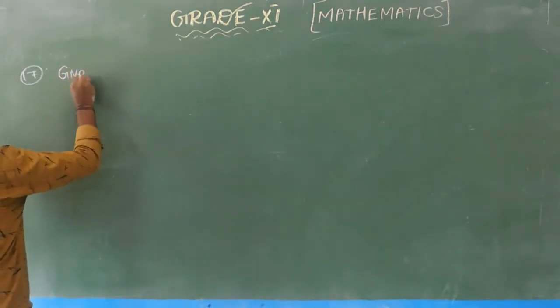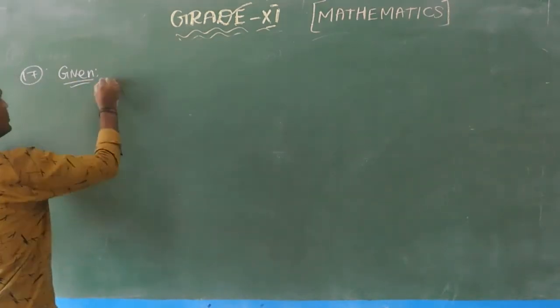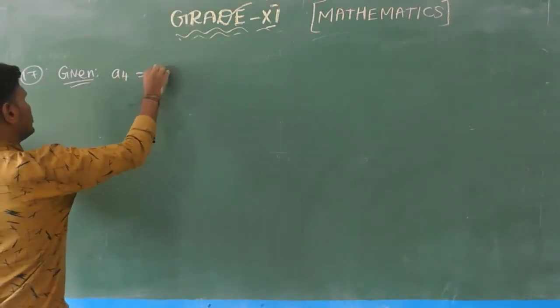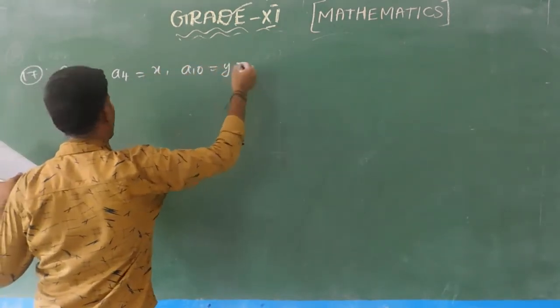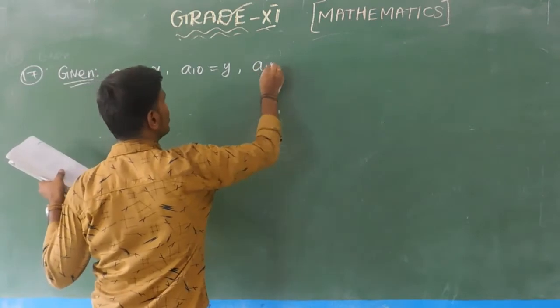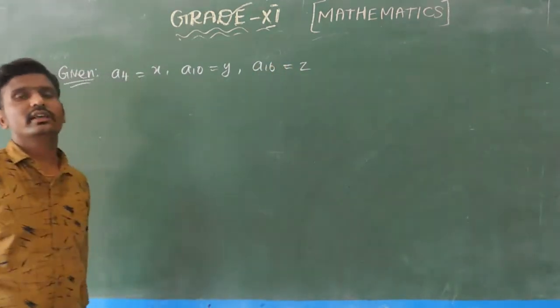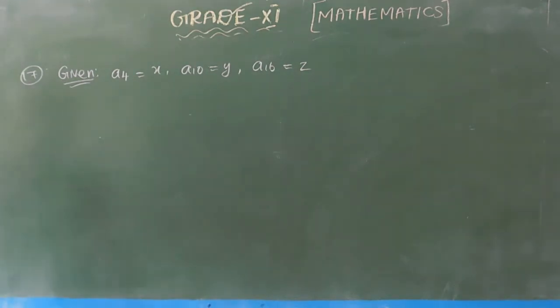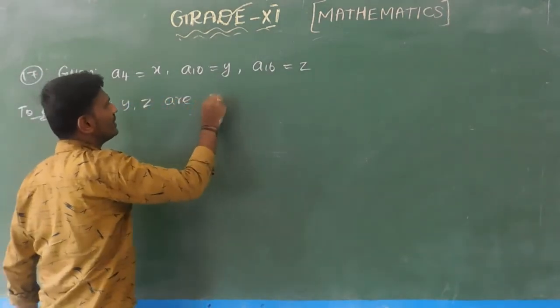Given fourth term a4 equal to x, and 10th term a10 equal to y, then 16th term a16 equal to z. Now what we are going to prove: x, y, z are in GP.